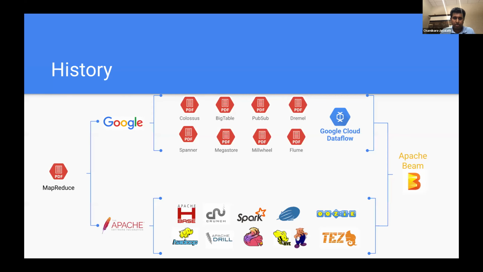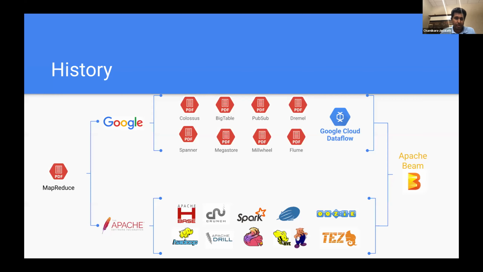All right, so let's talk a little bit about the history first. This whole ecosystem related to MapReduce started around 2004 when the MapReduce paper from Google came.